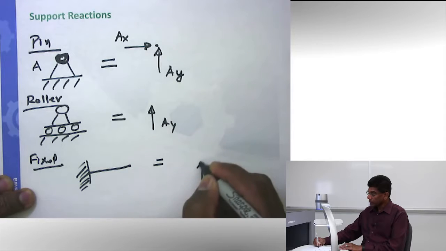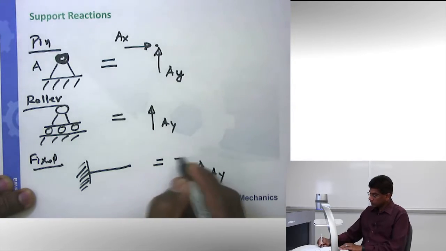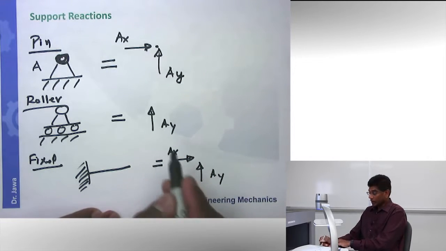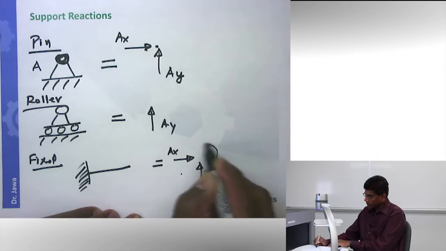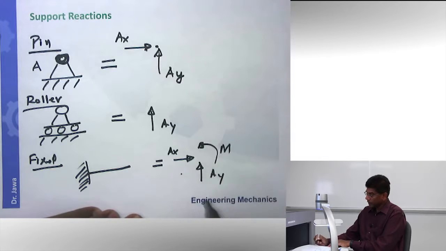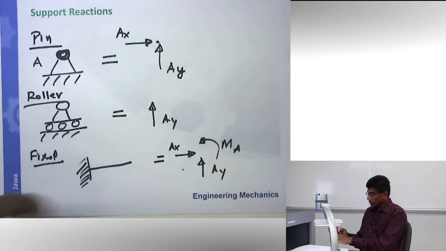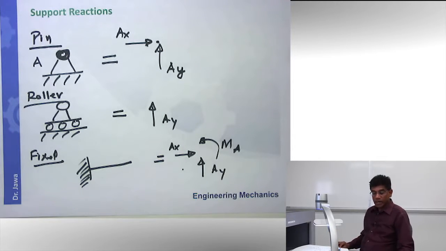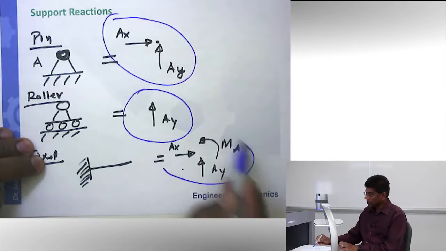And those are support reaction along Y-axis, support reaction along X-axis, and finally, it eliminates the rotation, and that rotation can be represented like M sub A. That's a moment. That's a couple moment. All right? So these are all popular support reactions that I want to make sure you understand. So pin support, roller support, fixed support.